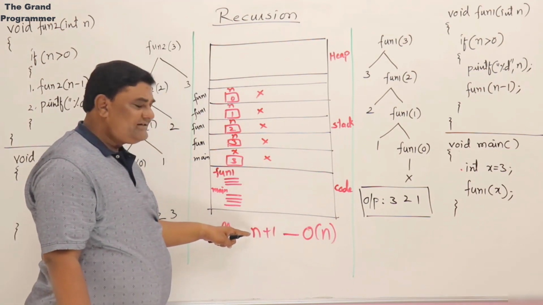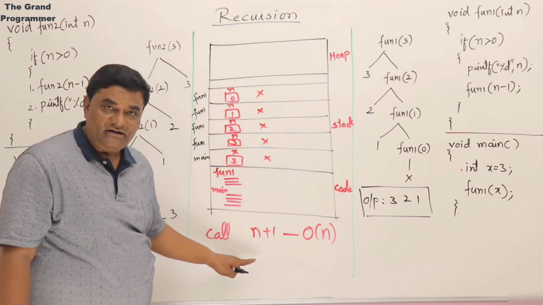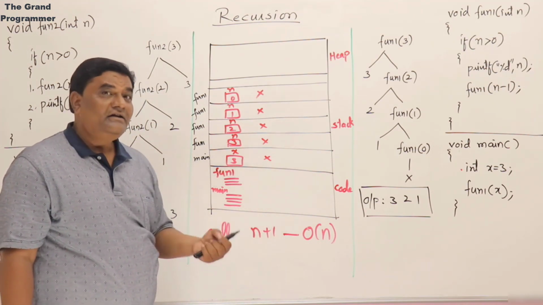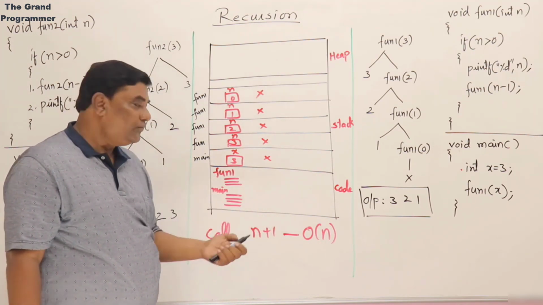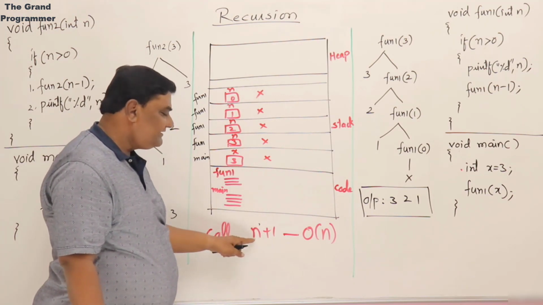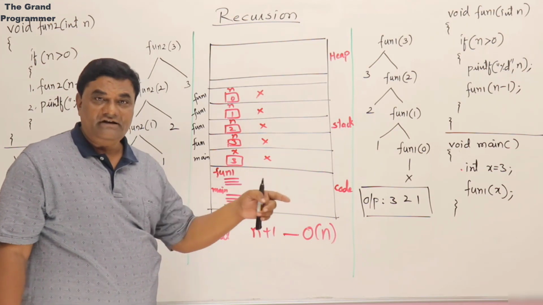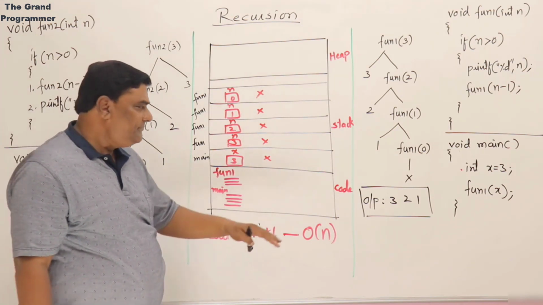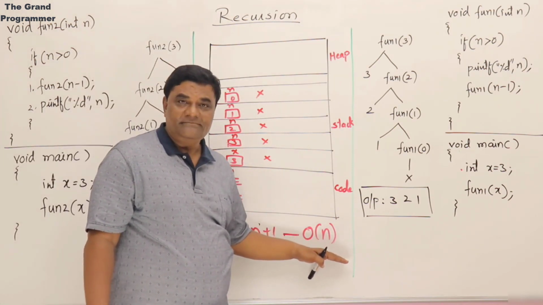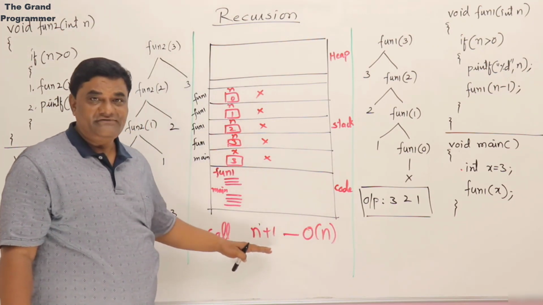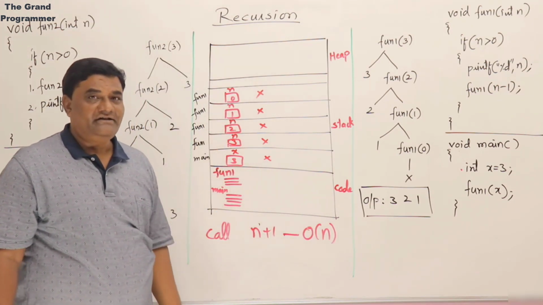See, n plus 1 is a polynomial, a formula, and the degree of the formula is 1. The highest term is n, so we take n. So we write the degree there, order of n. So we mention the space as order of n. But actually, if you see, n plus 1 activation records are created.